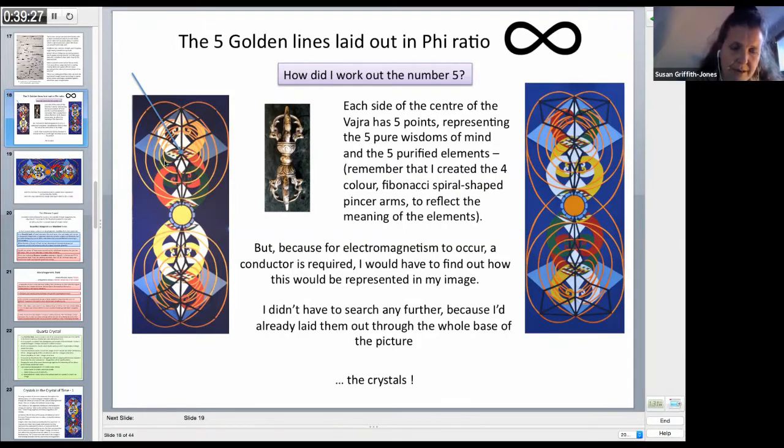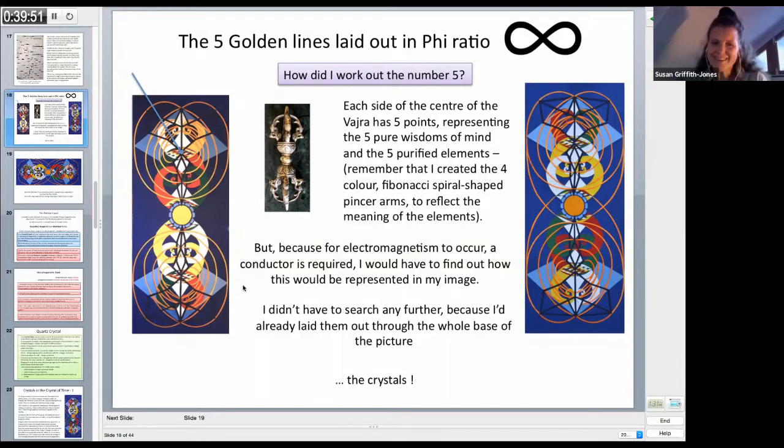So green is the air, red is the fire, yellow is the earth, and white is the water. And again, you've got these pincer shapes. These are all laid down in Fibonacci spirals. So the Fibonacci spiral is present throughout the picture in that sense, and also the golden ratio proportions. The golden lines are laid down in golden ratio proportions.